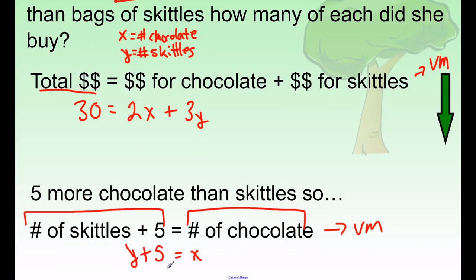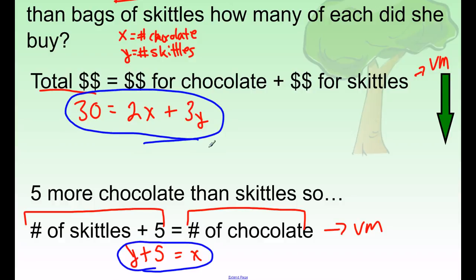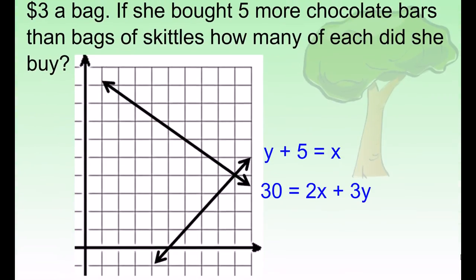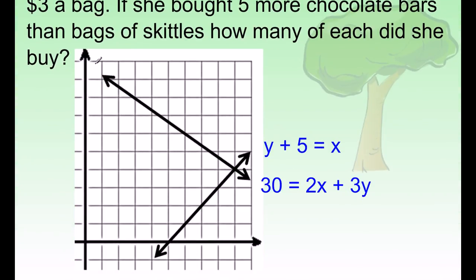So what we have now is 2 equations, each with 2 variables. We can solve that system of equations the way we did in the previous problems. We could graph them. Now, being a nice guy, even though we haven't got there yet, I went ahead and graphed them for us. So this is the equation 30 equals 2x plus 3y.